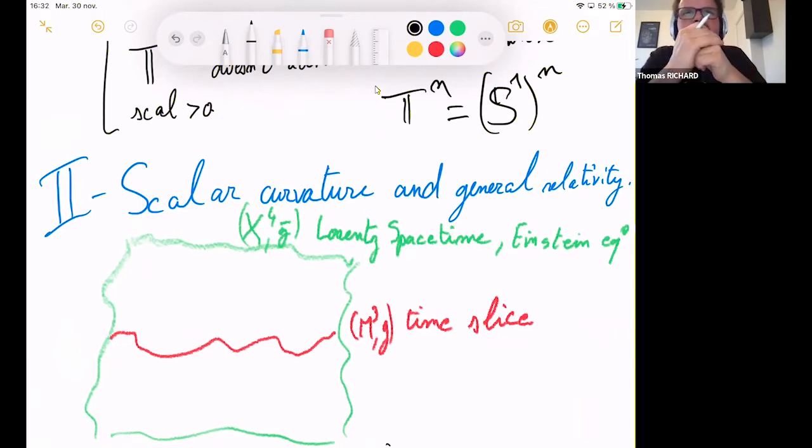In general relativity, space-time is described by a Lorentzian manifold which satisfies the Einstein equation. This is almost like a Riemannian manifold, except that there is a somehow preferred overall direction of time. And so instead of having a Riemannian metric on each tangent space, you have a Lorentzian metric, which is something like in special relativity.